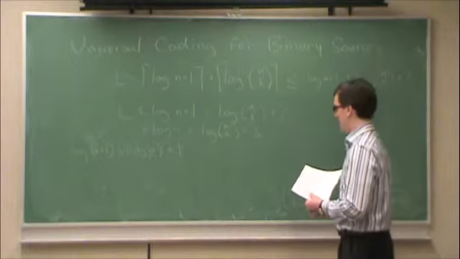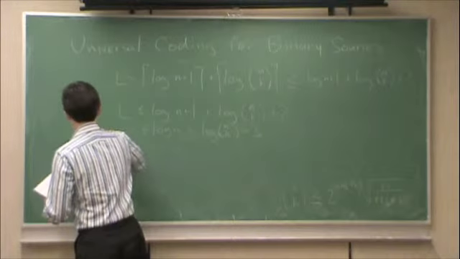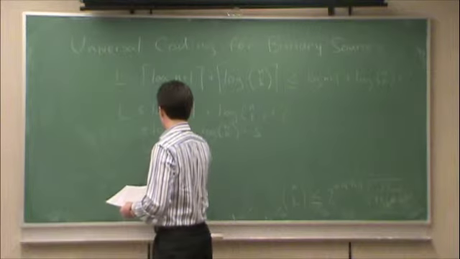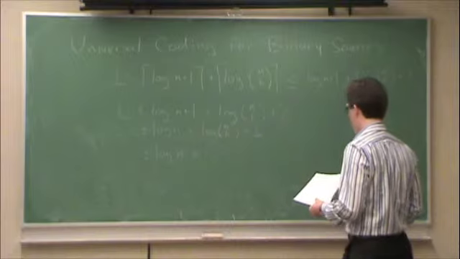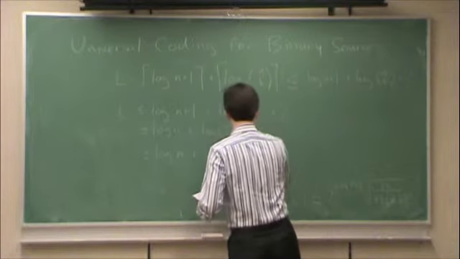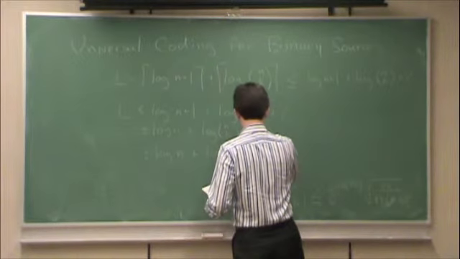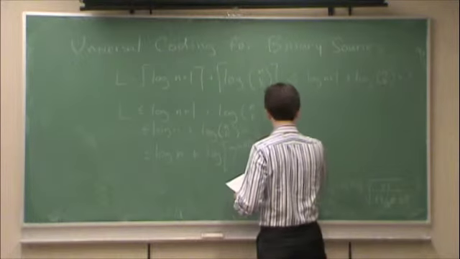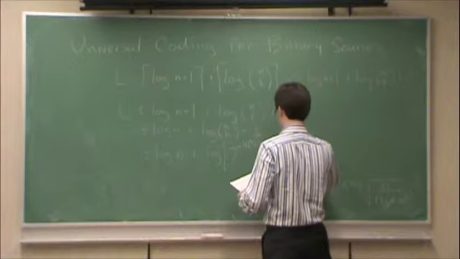I can plug that in here. This is less than or equal to log n plus log of 2 to the n h k over n times root n over pi k(n minus k).